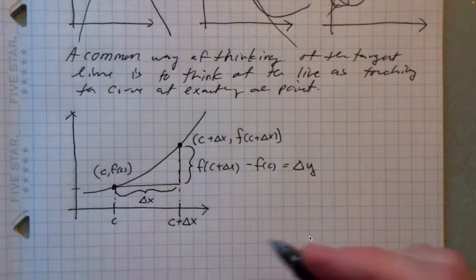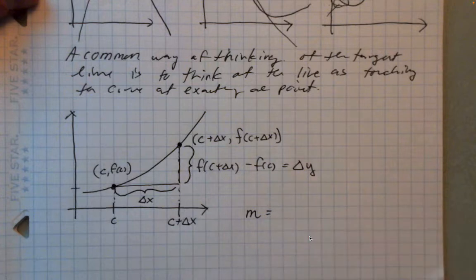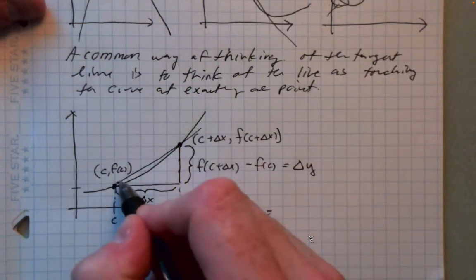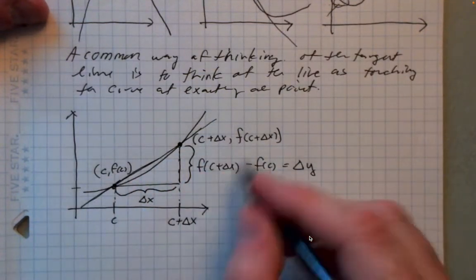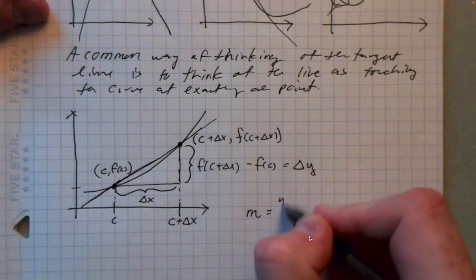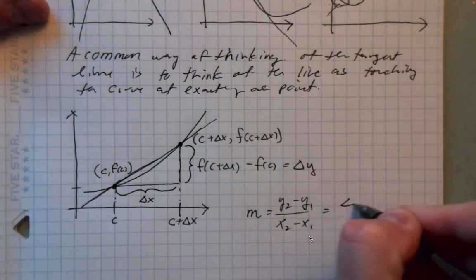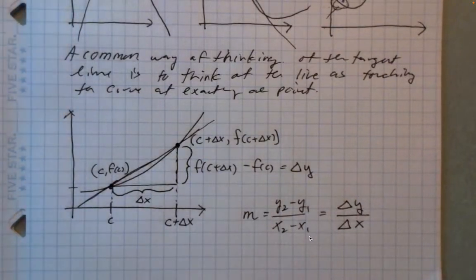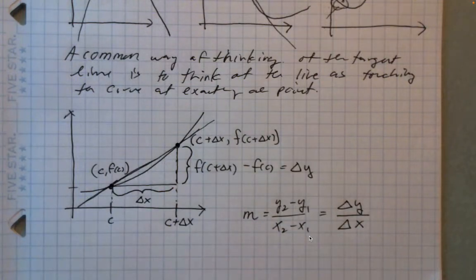Now keep in mind, you may recollect from pre-calculus that the slope of a line, and what we're really talking about is the line that cuts through these two points, a straight line, is equal to y2 minus y1 over x2 minus x1, so that's the change in y divided by the change in x. That's the framework from which the derivative is going to be derived.